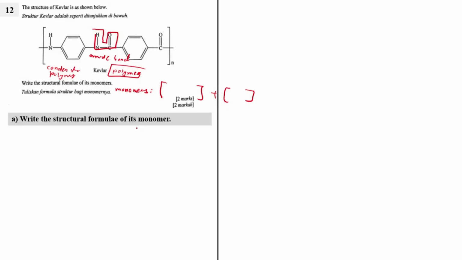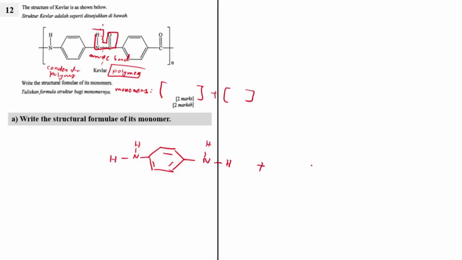So the most logical answer is, let's say on this part here, I'm gonna separate that. So we're gonna get benzene, and then I'm gonna have NH, and then H here, as well as on this part I'm gonna get N, H, and then H here.